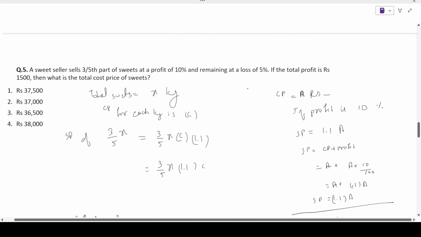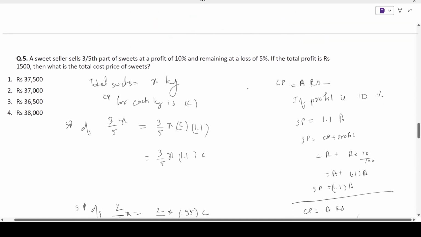In the question we are asked, if the total profit is rupees 1500, then what is the cost price of sweets?